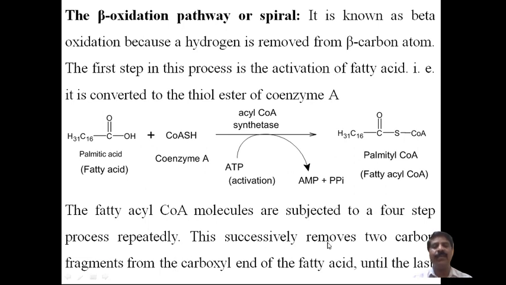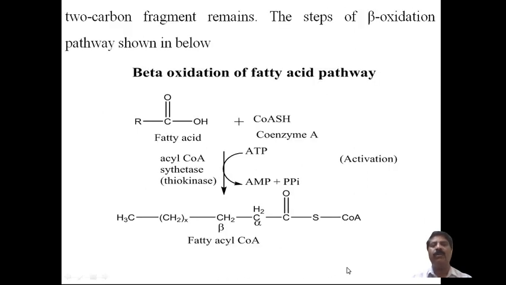This successively removes two-carbon fragments from the carboxyl end of the fatty acid until the last two-carbon fragment remains. The steps of the beta oxidation pathway are shown below.